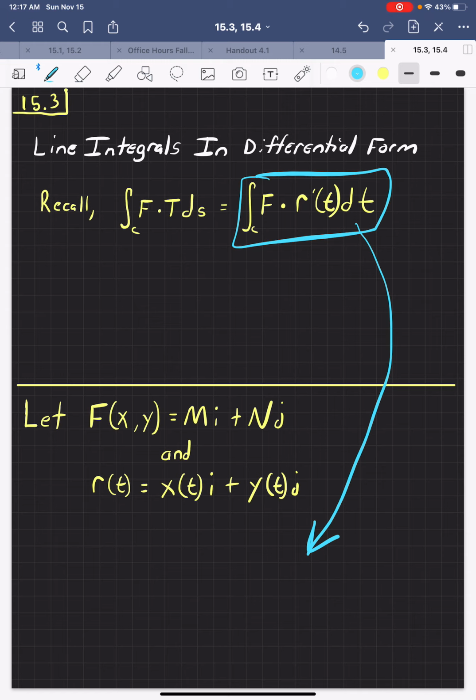It would just simply be the line integral of some curve C, M dx plus N dy. But I want to make sure you understand we don't do a lot of proofs, and this is one, but I do truly believe that you could follow me from this.